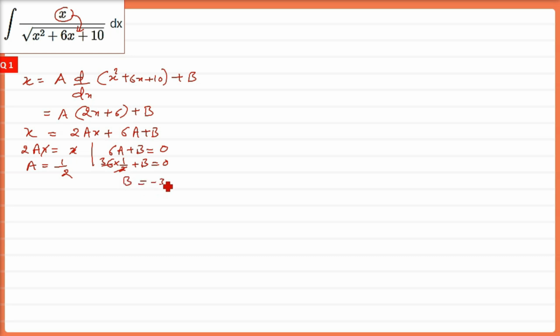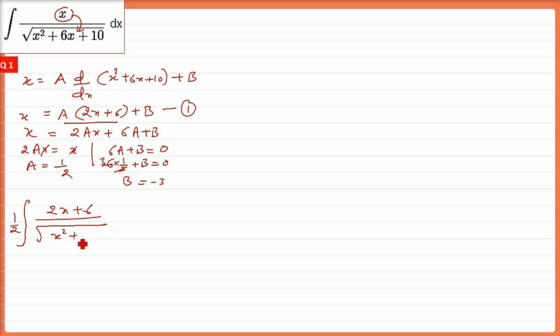So we have got the values of a and b now. And please remember this equation, because this is the numerator we have represented. The denominator remains the same. And we are separating this numerator into two terms. A, which is half into 2x plus 6, so I am writing half here, and 2x plus 6 goes to the numerator. In the denominator, you already have under root x square plus 6x plus 10.